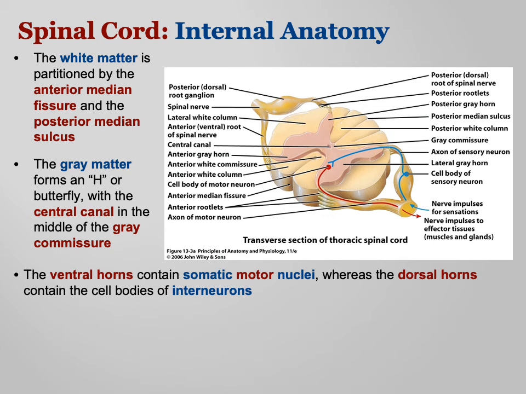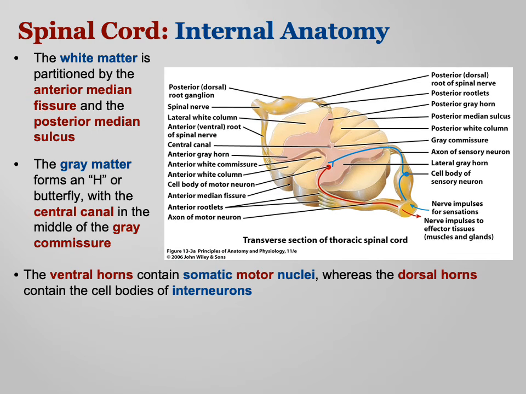So notice the cell bodies, remember we talked about this a moment ago, the cell bodies of sensory neurons are in that dorsal root ganglion. Where are the cell bodies of motor neurons? They're in the ventral horn. And notice how the dorsal horn of the gray matter is skinny and narrow, and notice how the ventral horn is big and wide.